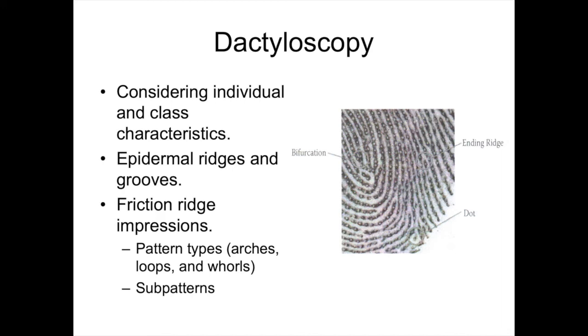The outer surface of the skin of the palms and the fingers, the soles of the feet, and the toes are all marked by this kind of ridge and groove pattern. And they appear either as fairly straight lines or as patterned loops and whorls on the tips, usually, of the digits. And that's why we focus very much on the fingertips themselves.